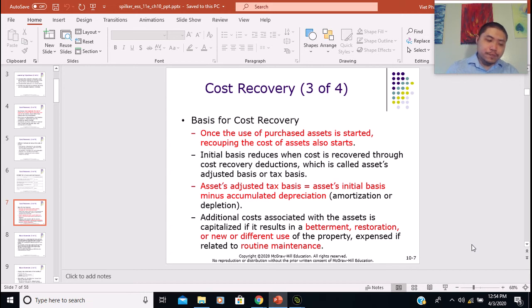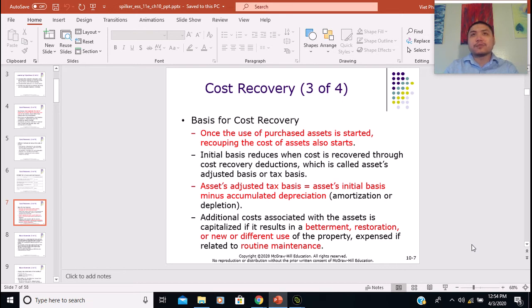However, for tax reporting purposes, there might be other additional costs associated with the asset that you may have to account for. For example, additional expenditures used to improve the performance of the asset, to restore the asset if it has been used for a while, or to change the purpose of use of the asset.